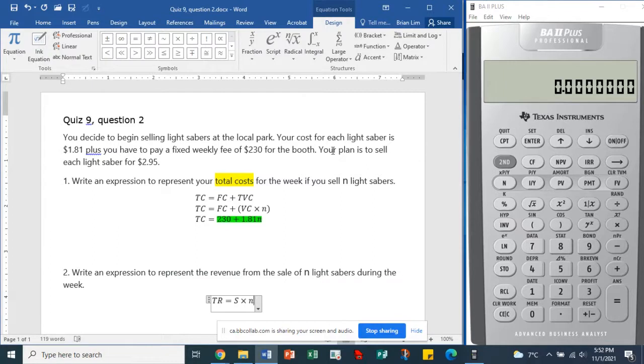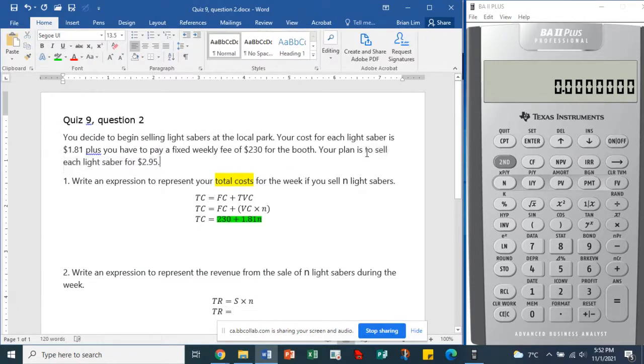Okay, if we put that in terms of what is in the question, TR would be equal to, S is for the selling price, so we want to sell each lightsaber for $2.95.